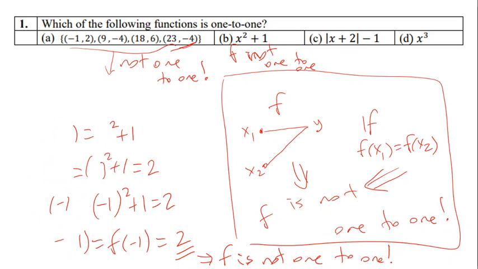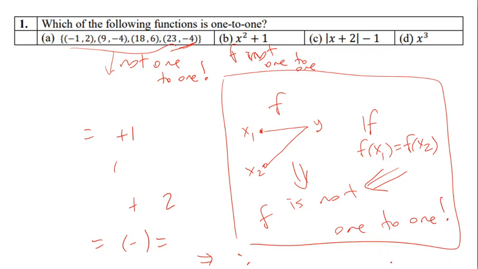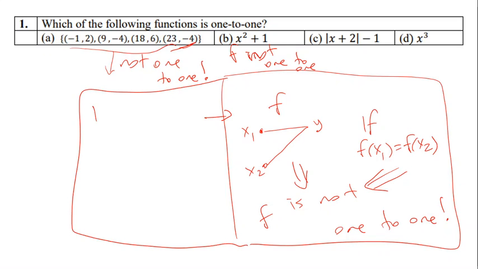And there's another way to do it. The other way is this. We have the horizontal line test. So in addition to this definition here, we also have the horizontal line test.